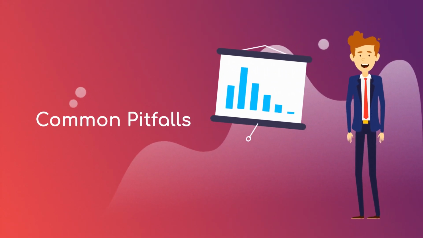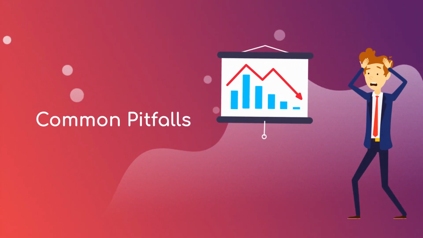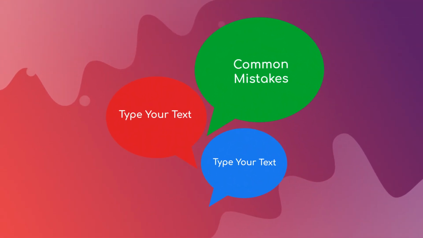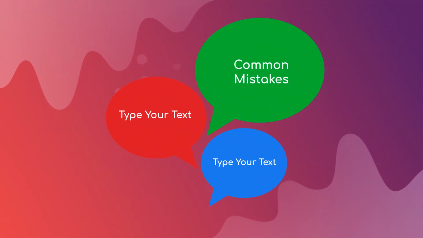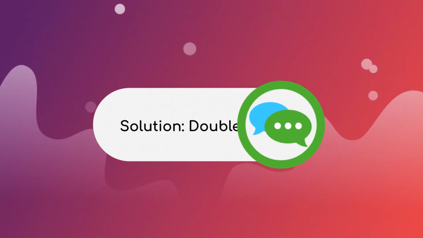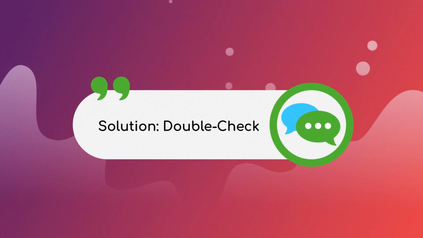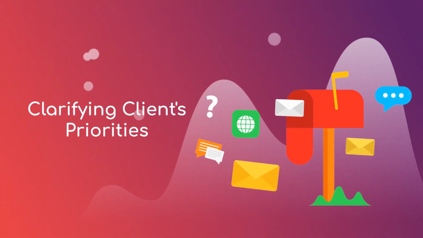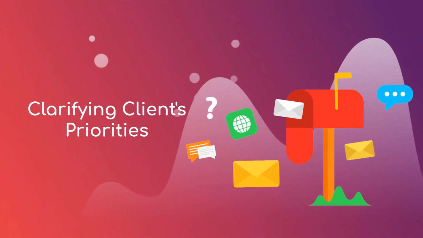Common pitfalls where AI saves you. Let's revisit some common communication mistakes. Assuming alignment. Use ChatGPT to double-check: "Does this email clearly summarize the client's priorities and scope boundaries?"